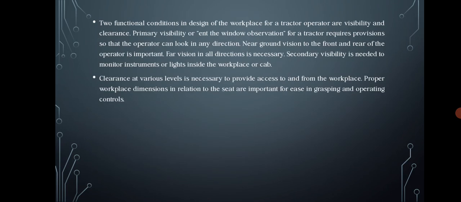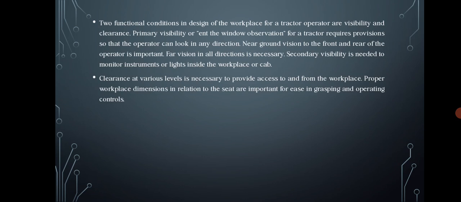Two functional conditions in design of the workplace for the tractor operator are visibility and clearance. Primary visibility: window observation for a tractor requires provision so that the operator can look in any direction. Near ground vision to the front and rear of the operator is important, and vision in all directions is necessary.